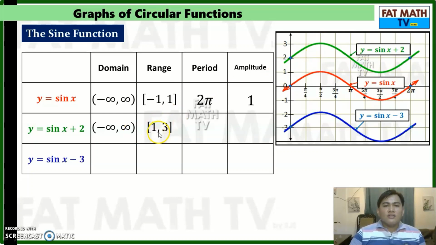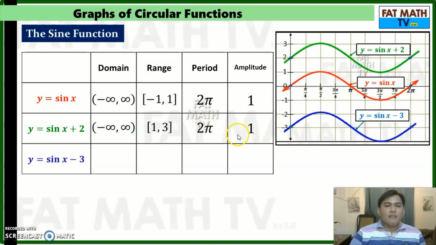So the range of the function is the closed interval from 1 to 3. Same period, same amplitude. So if we have a plus or minus after the sine x, the change it will create is only on the range because there's a shift upward or downward.